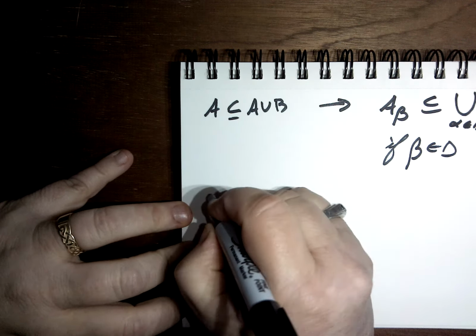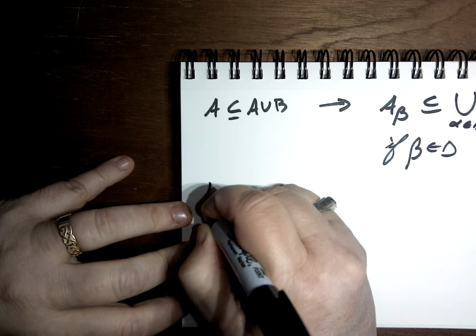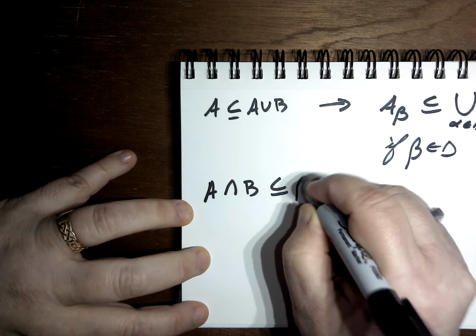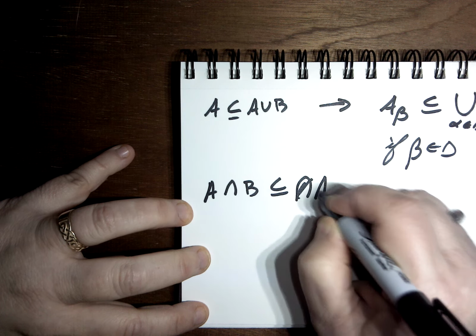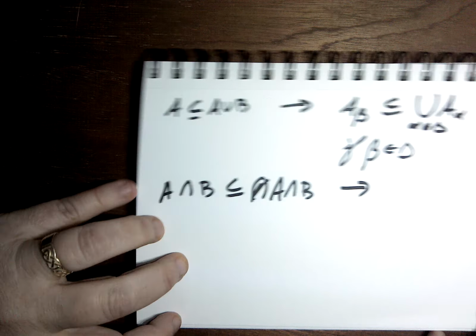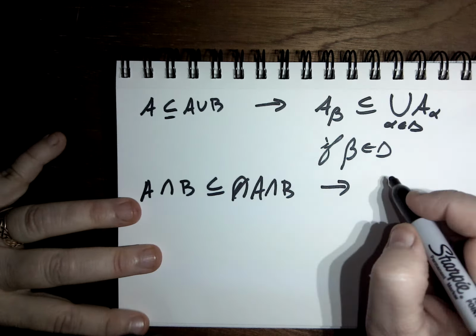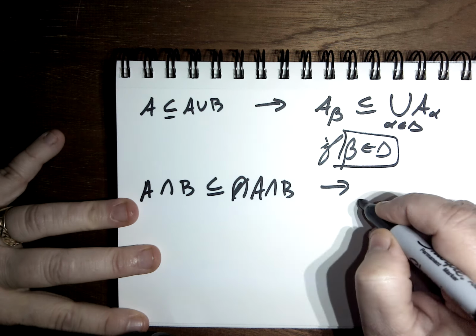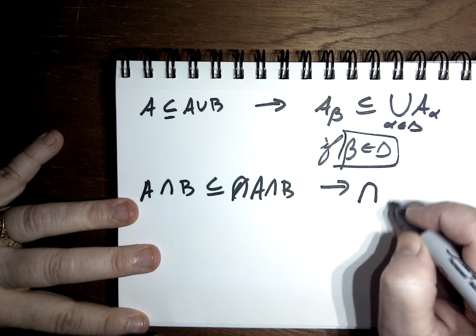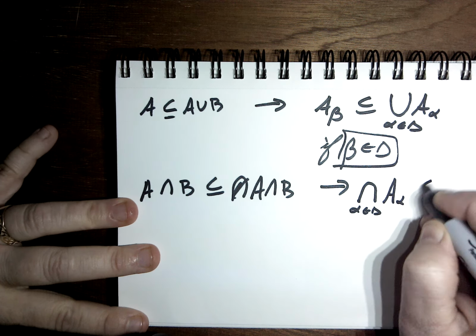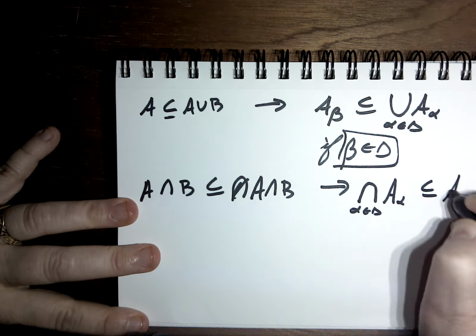If I say A intersection B is a subset of A, analogously over here, I can say, again, assuming beta is an element of delta, that the intersection of A sub alpha, where alpha is in delta, is a subset of A sub beta.